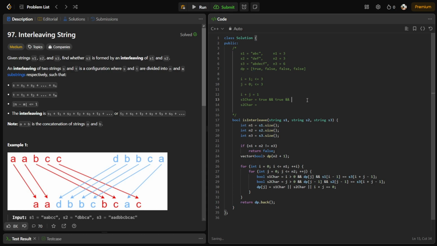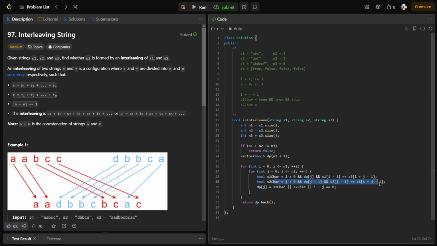And s1, basically we have this, right? So s1[i minus 1], which is 0, so s1[0] is a. Is a equal to, here we have 1 minus 1, 0, s3[0], which is a? So this is true.